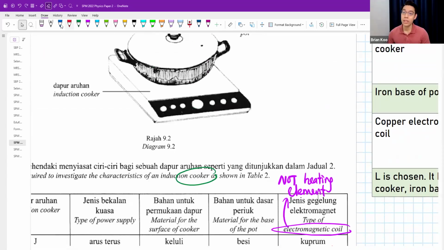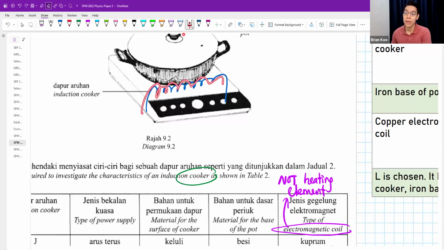So please don't think, teacher, the bottom of the pot here, this coil, will become hot. So the pot will become hot. Then the food can cook. No, induction cooker doesn't work like that. Induction cooker works based on the concept of electromagnetic induction. Let me tell you the story, how it works. First of all, you have a coil.